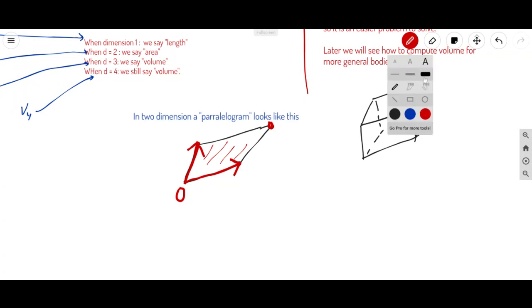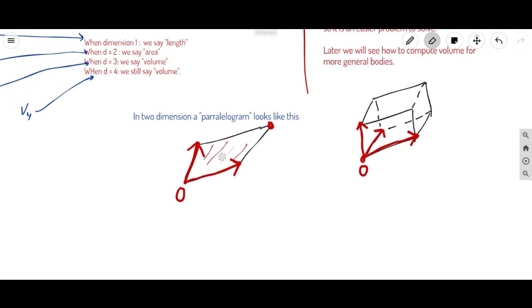Now, in 3 dimensions, you need 3 vectors to describe a parallelogram. Again, if you think of this as your origin, you're going to have 3 vectors, and you only need 3 vectors to describe this solid. So this is now a solid. Here, this is a region, but this over here is a solid. If you take these 2 vectors and add them together, they will give you that corner.